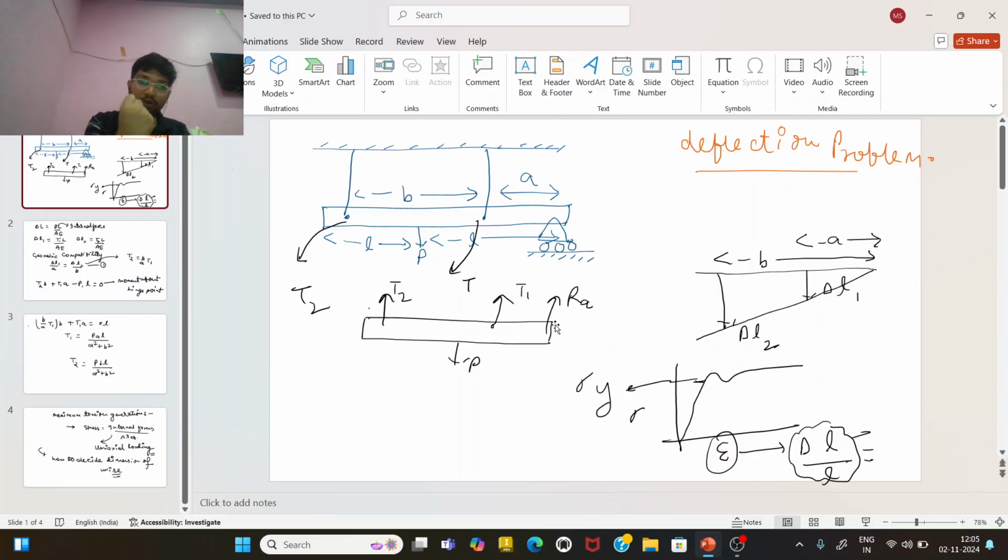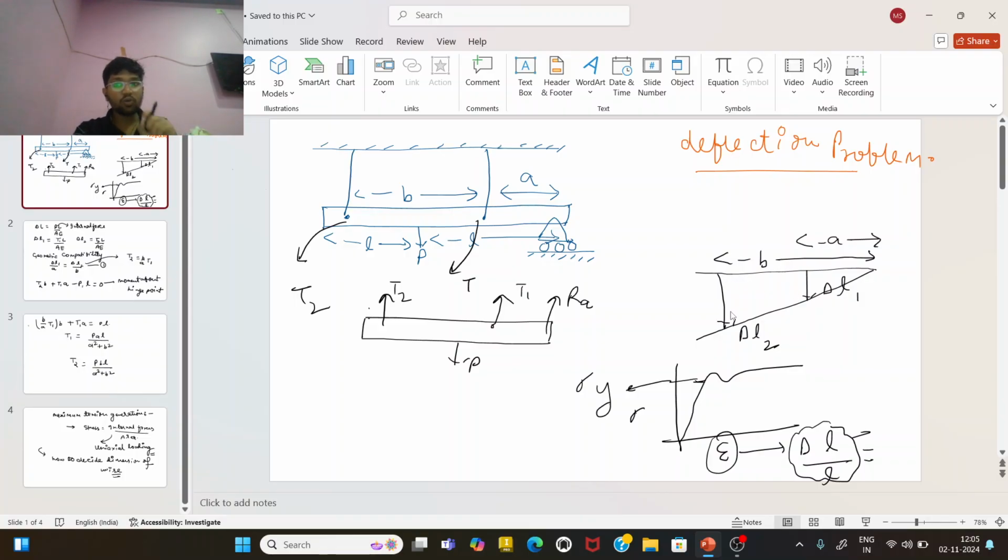When we apply the point load on the rigid bar, the system deflects, the rod deflects like this. The deflection of point 1 is delta L1 and of point 2 is delta L2.